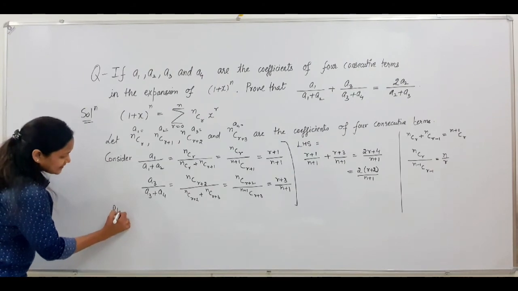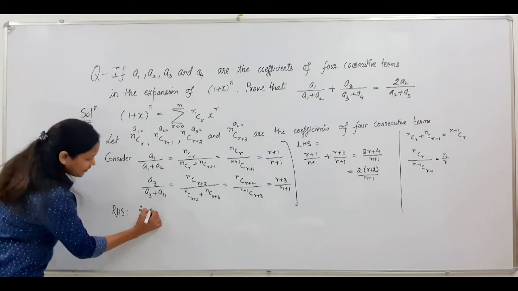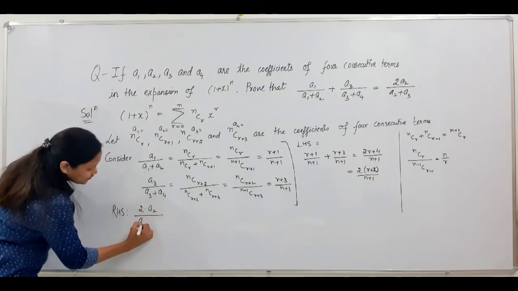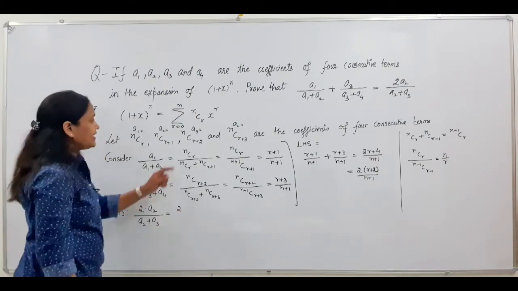Your right hand side is 2 times A2 upon A2 plus A3, and this will be equals to, what is A2?